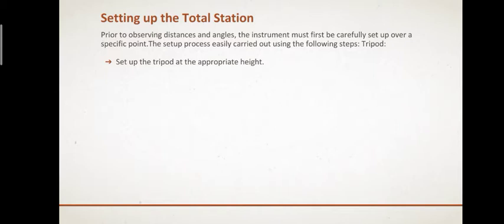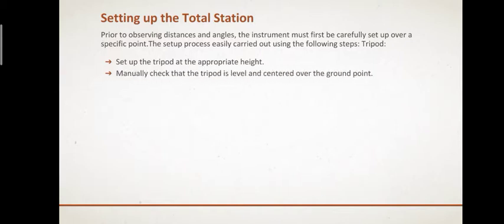You have to set up the three legs of a total station properly over a point, a station point, and see whether the tripod is level. If you see the tripod plate, the upper plate, it should be level approximately.